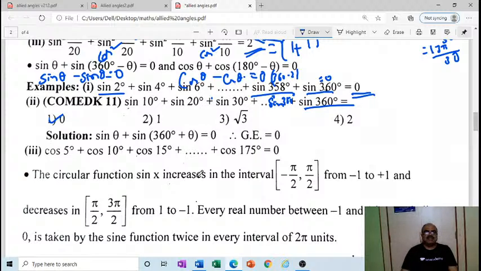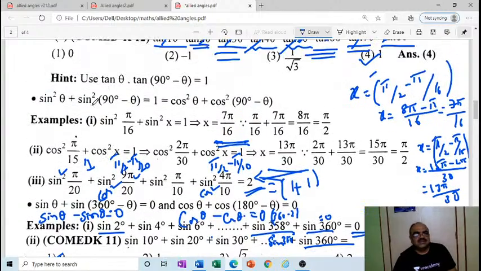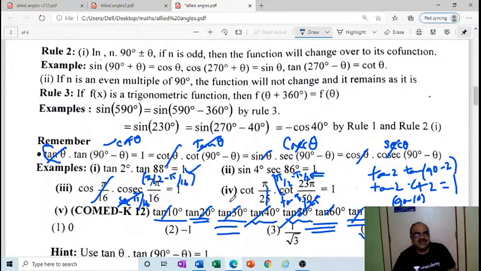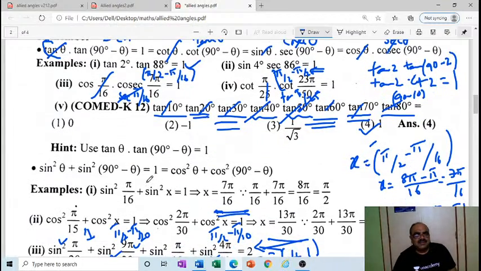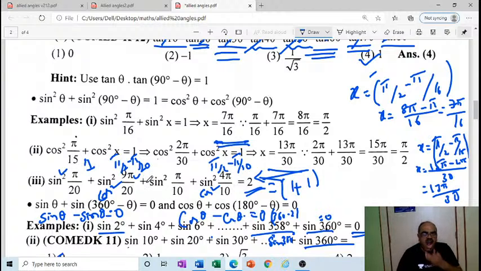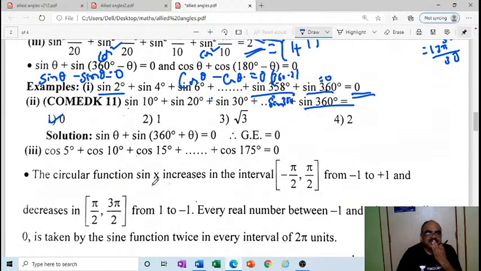You can take the same example and say that cos 5 plus cos of 180 minus 5. 180 minus 5 becomes sin 5. So you have a formula here, sin theta plus... cos of 180 minus 5 is minus cos 5.